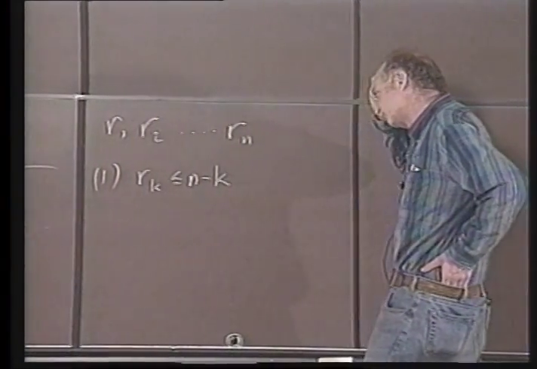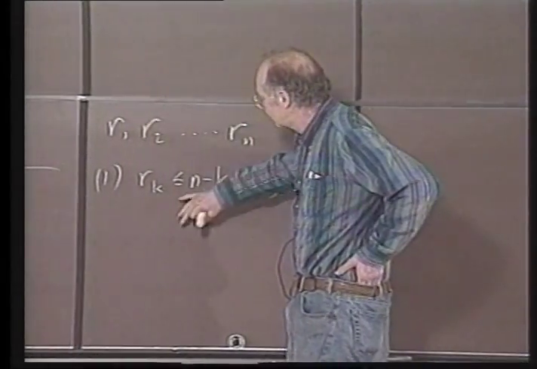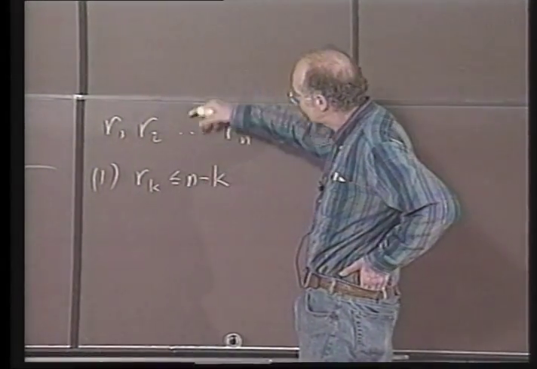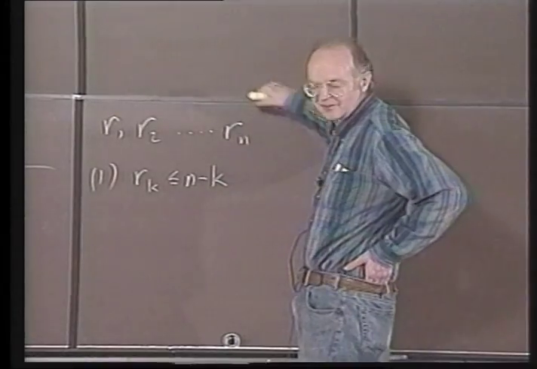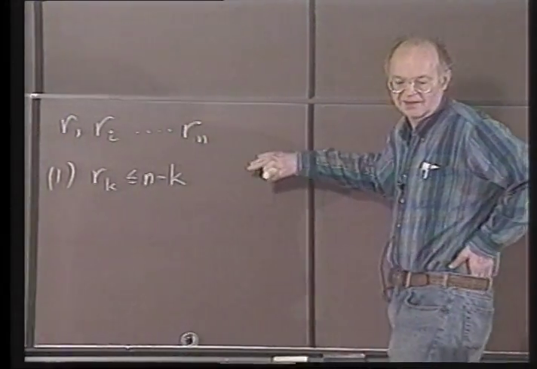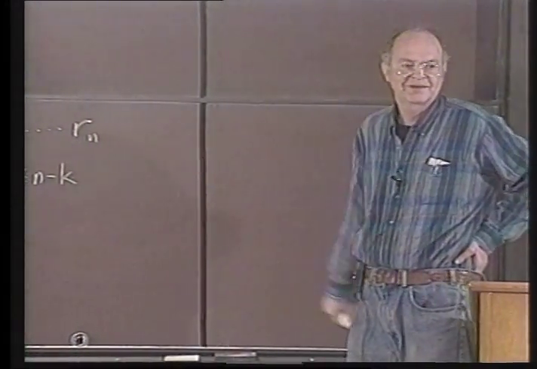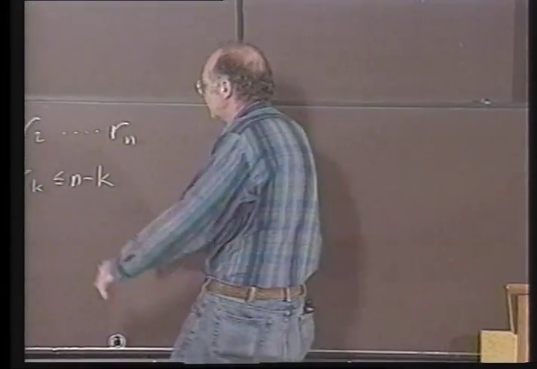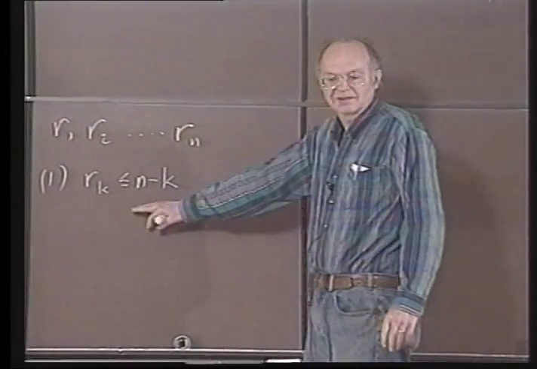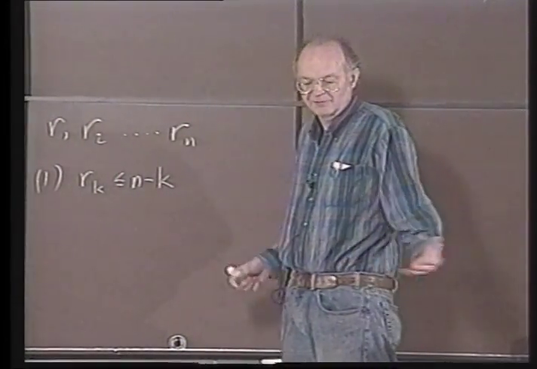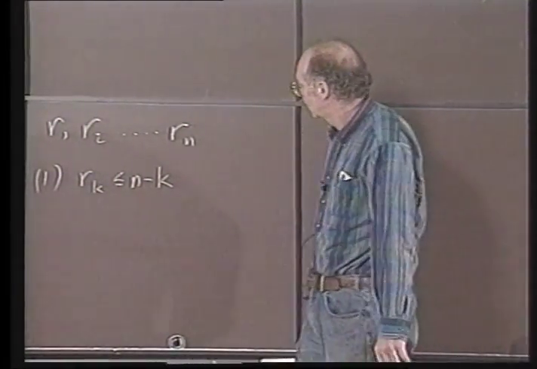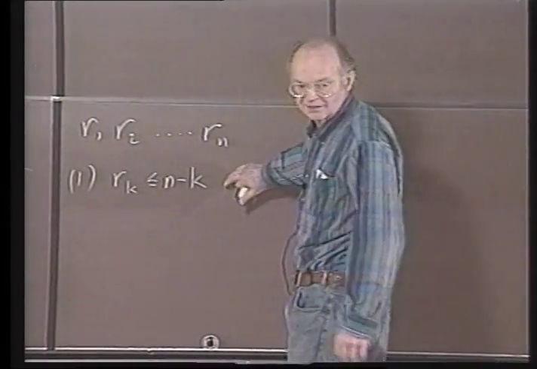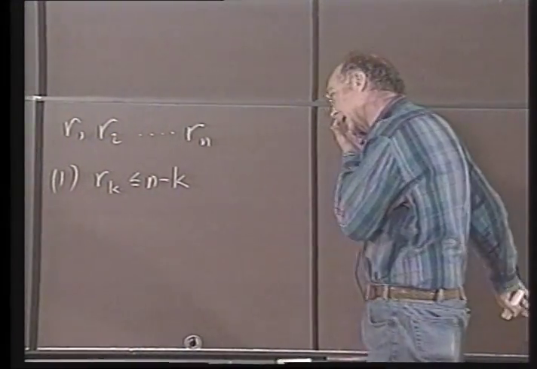That's clear because there are n minus k guys to the right, and if Rk represents the number of people in the right subtree, they all lie to the right, then n minus k can only happen if you're using everybody to the right. So this is an obvious condition that has to be true.